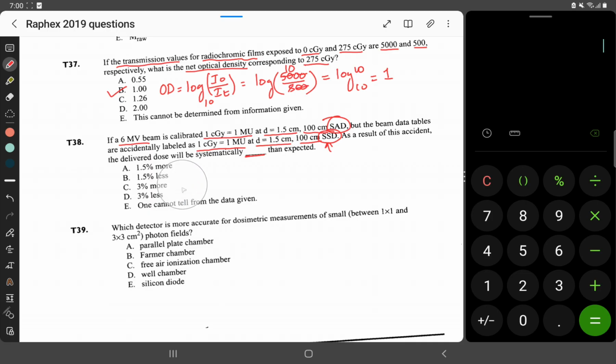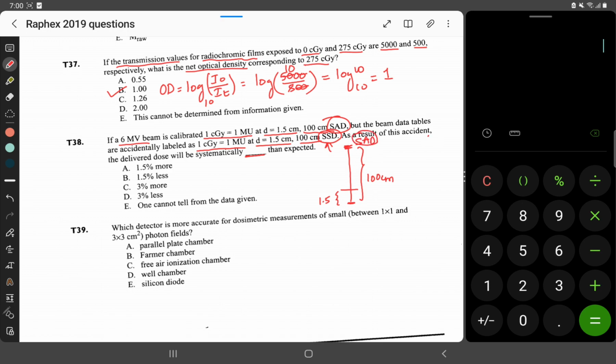Then we will try to rule out what it is. Okay, so in the SAD technique, if this is the source, this will be your 100 centimeters, this will be your surface, and this is the depth of 1.5 centimeters that they have prescribed, so the total distance will be 100 centimeters from here to here. This is the SAD technique.